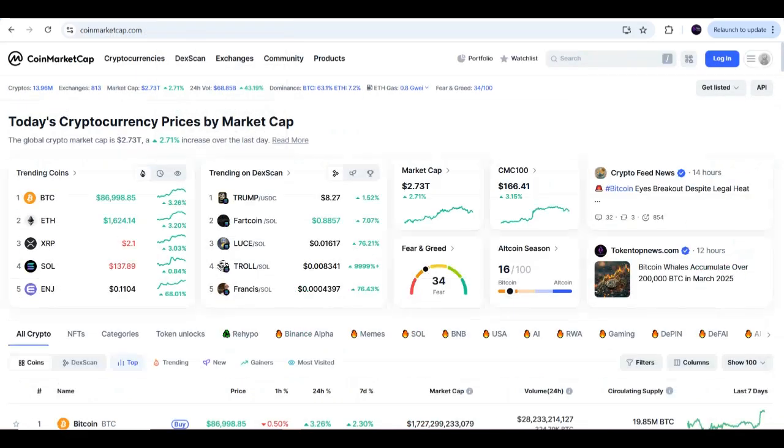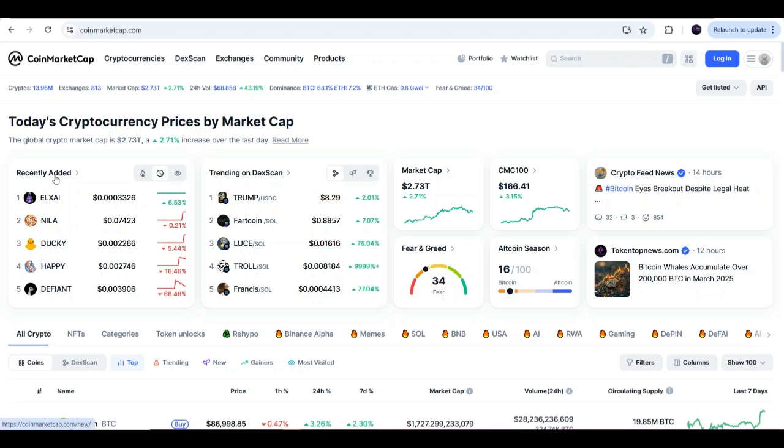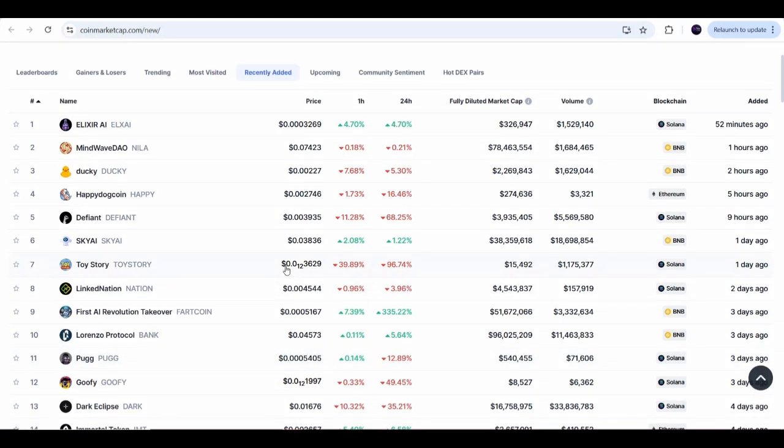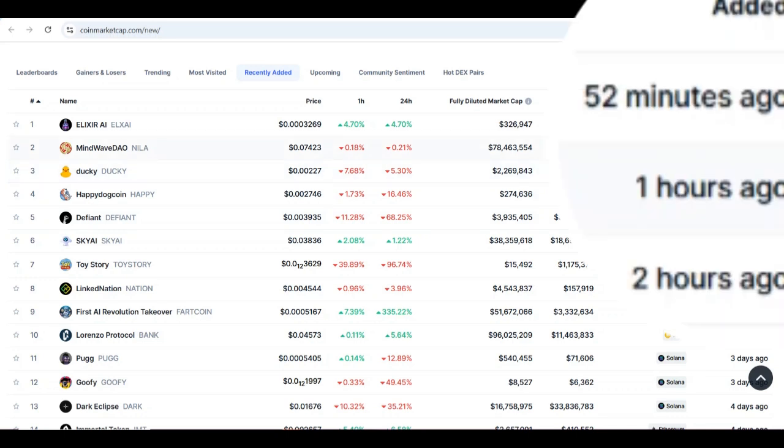Okay, now you click on this clock and you see recently added. Recently added shows you all the meme coins or coins that were newly added to CoinMarketCap or the whole market. You can sort them by 1 hour, 24 hours, FDV, volume, and which blockchain they are on, Solana, BNB, or Ethereum, for example, and when they were added, like 52 minutes ago.